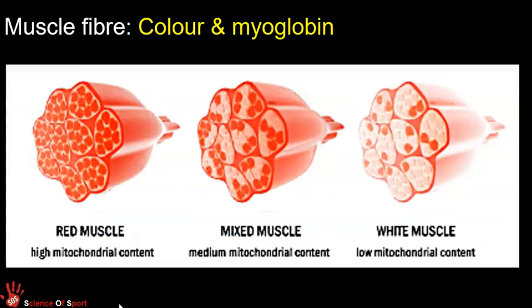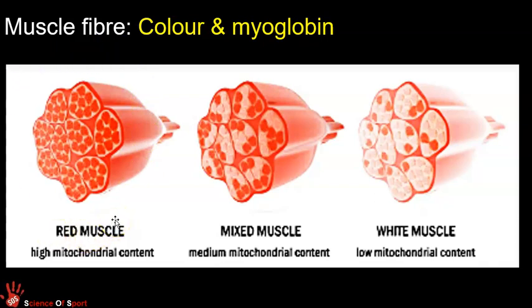The redness I talked about, so in the colouring often you see slow oxidative type 1 fibres as being darker or reddish, and that's because they rely on mitochondria, myoglobin, things that enable them to use oxygen to make energy. We will learn about that much later, but that affects the colouring, the redness of them.